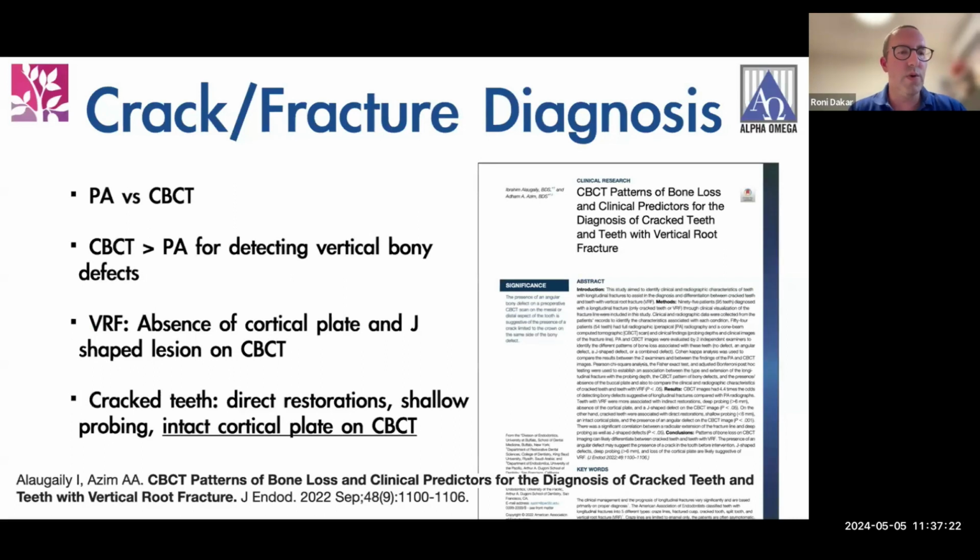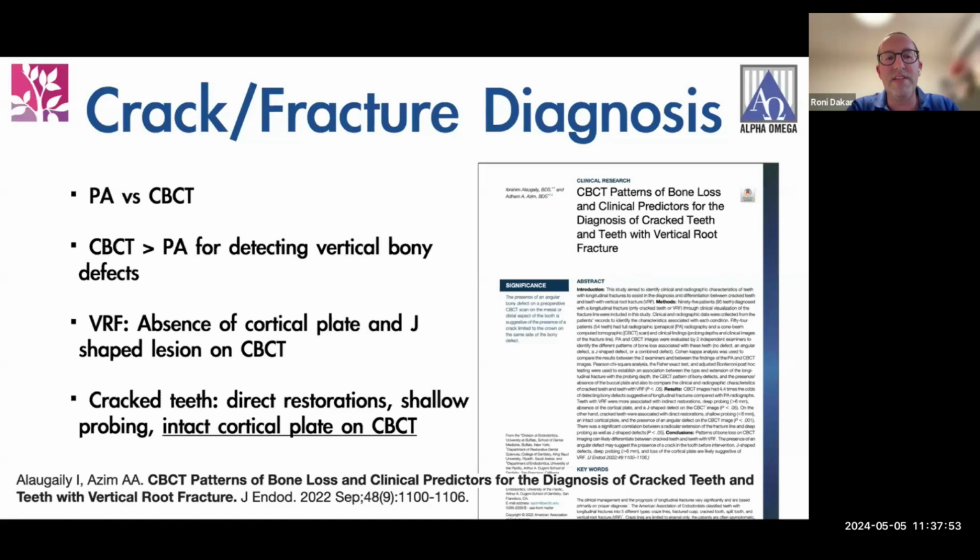So what about CBCT and cracks? I want to mention another article from 2022, Adam Azim, when he was in Buffalo, now he moved to the University of the Pacific. They published an article and compared periapical radiographs versus CBCT scans for detecting cracks and fractures.